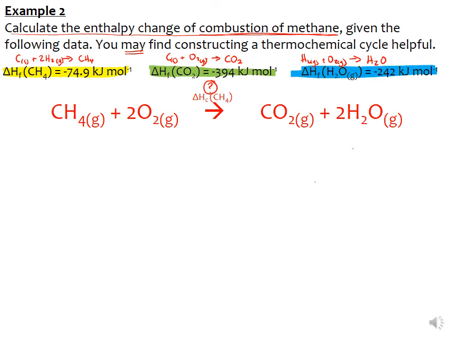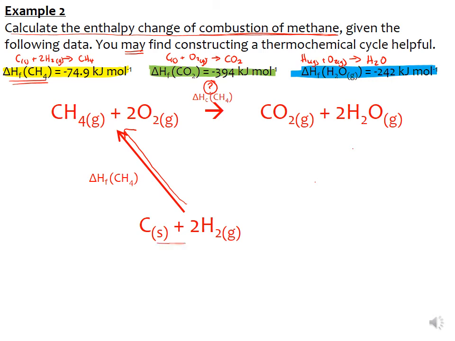So, building our cycle then, the first thing we're going to look at is we've got the enthalpy change of formation of methane, just given here. So I'm going to put that on the left of my cycle, an arrow going up, forming methane, because we're going from the elements to methane. So it's going to go up, and I've labelled that delta HF CH4.